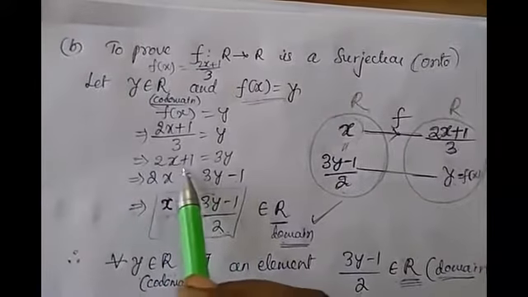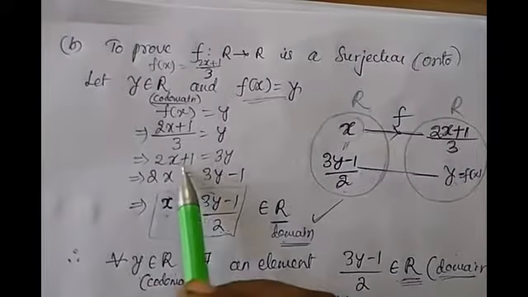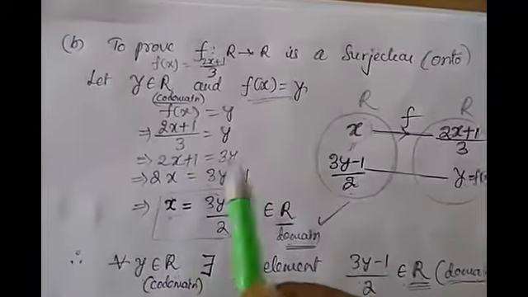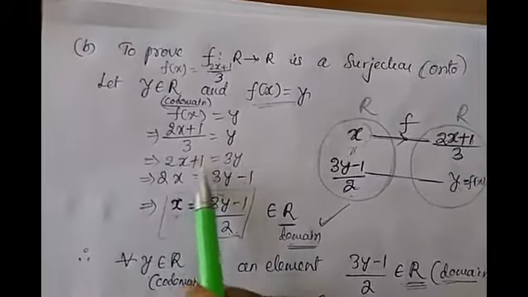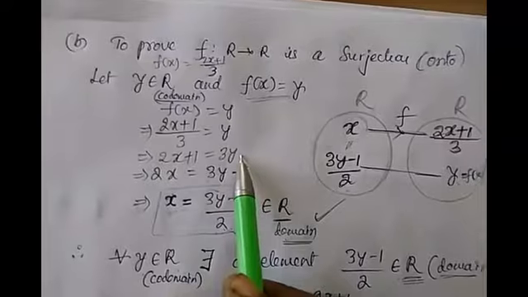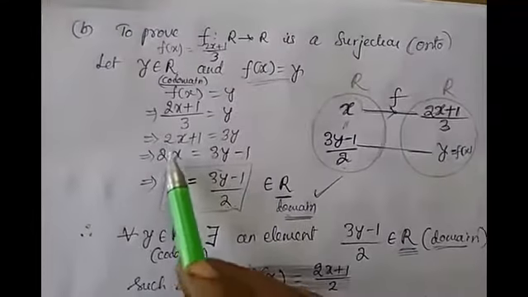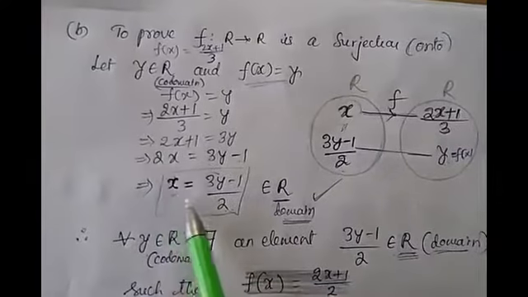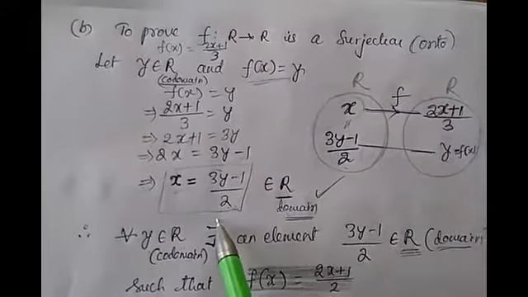Then it becomes 2x plus 1 is equal to 3y. Now transpose plus 1. 2x is equal to 3y minus 1. If you transpose plus 1 to the right side, it becomes minus 1. So now transpose 2, it will be x is equal to 3y minus 1 by 2.